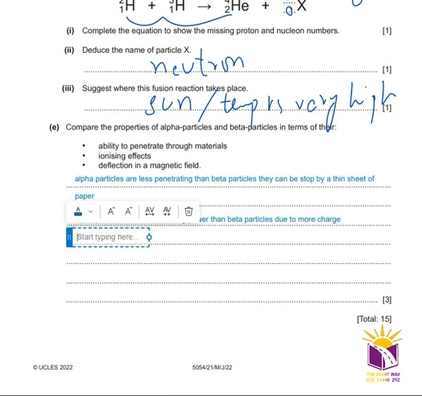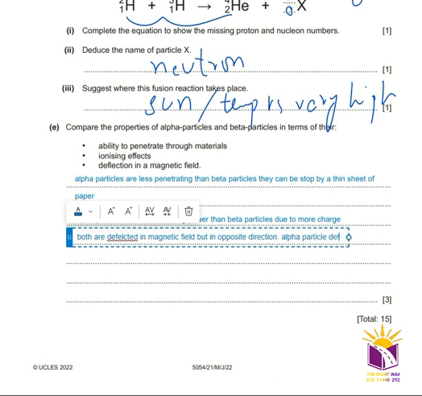Deflection in magnetic field: both are deflected in a magnetic field, but in opposite directions. If one is deflected upward, then the other will be deflected downward. And alpha particles deflect less.